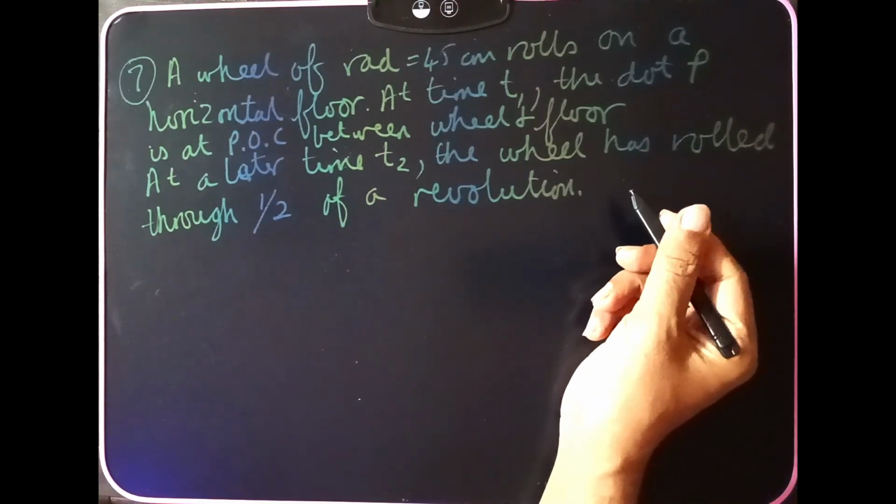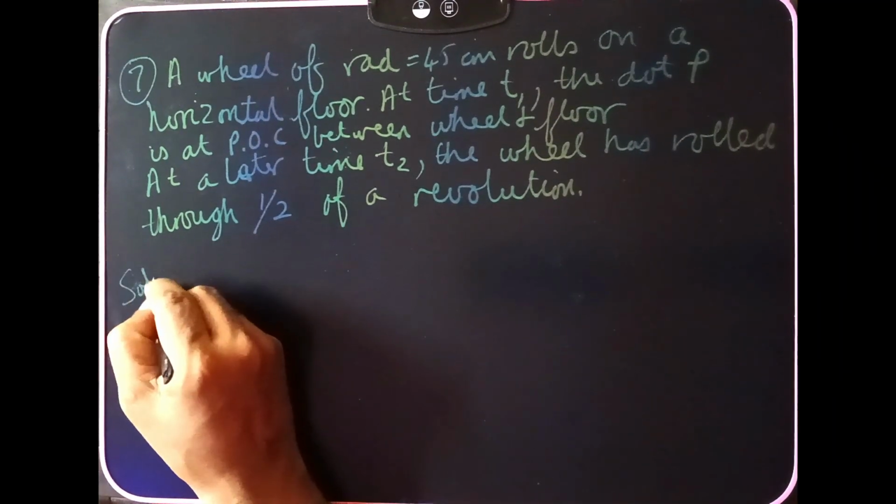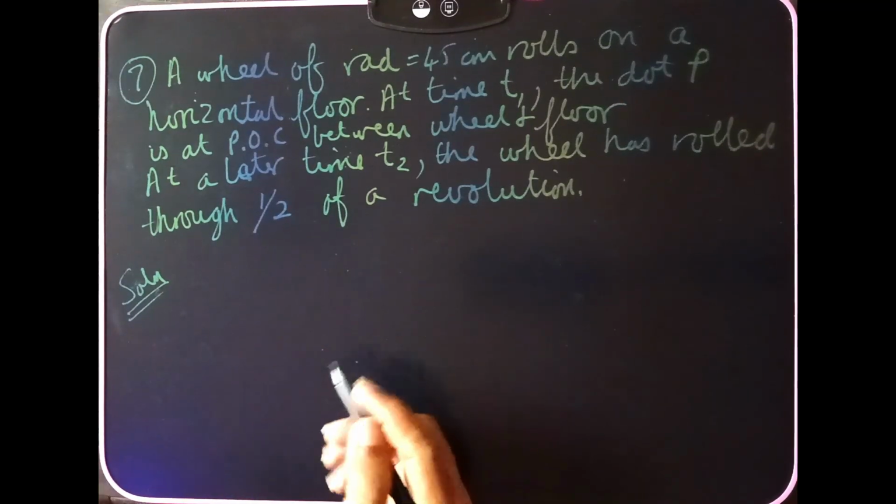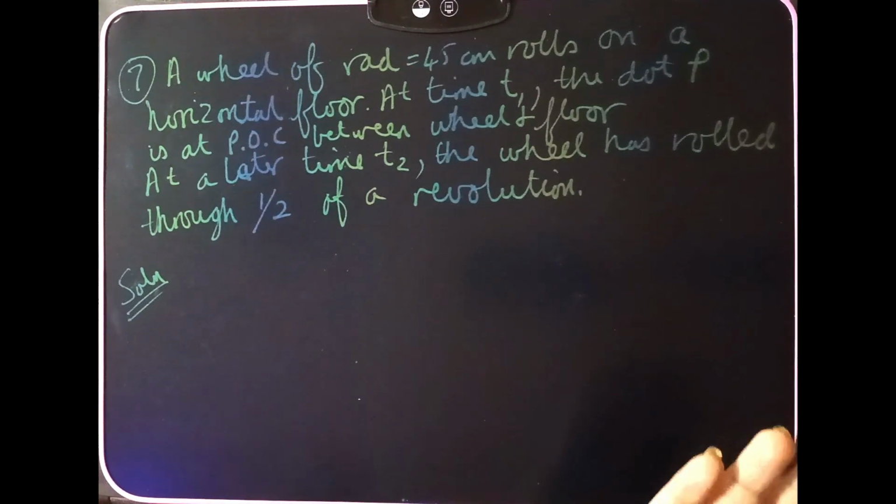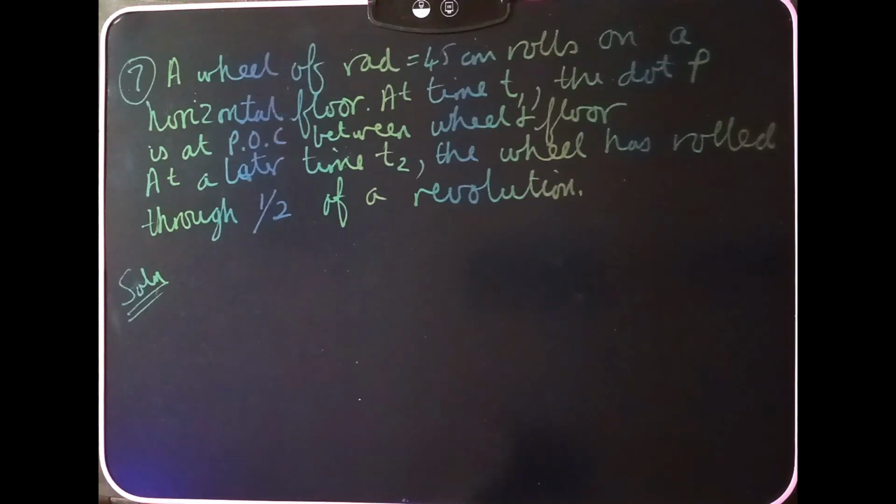Basically, what is given? Let us solve it. You pause it, try to solve it yourself. We are solving rotation problems with vectors. Can you imagine this? Just by knowing vectors, you can solve so many problems.